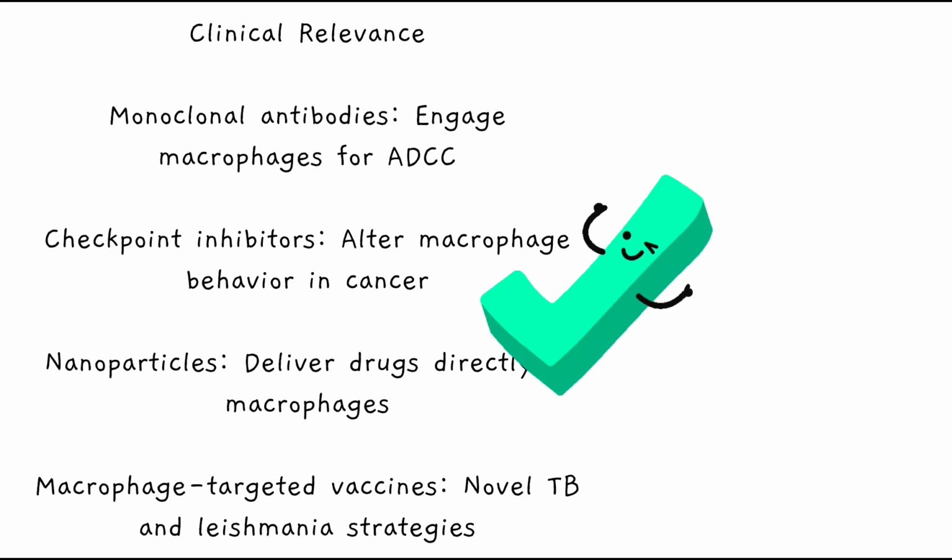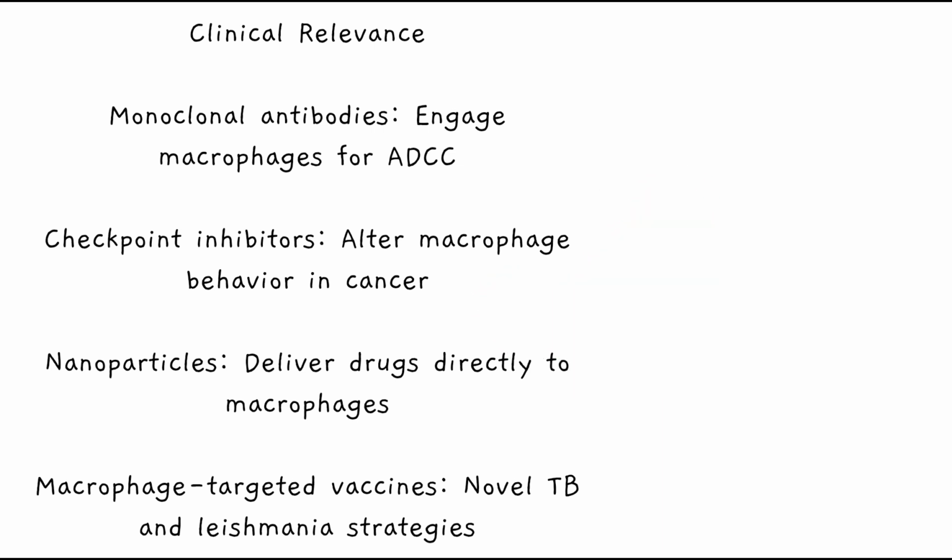Then there is checkpoint inhibition, reprogramming macrophages in cancer. In the tumor microenvironment, macrophages often get hijacked and become tumor associated macrophages, TAMs, mostly of the M2 phenotype, which promote tumor growth, are antagonistic and suppress the T cell.